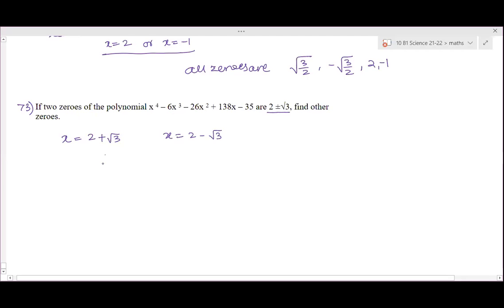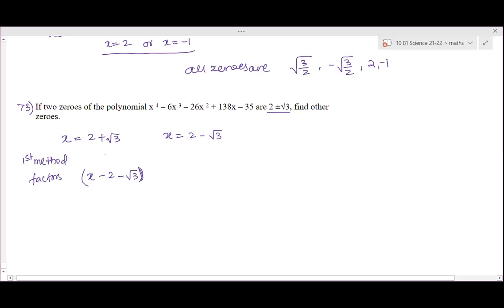Clear? Yes, ma'am. Now for finding the product, it is done by two methods. First method, direct product. By first method, what are the factors? x minus 2 minus root 3.